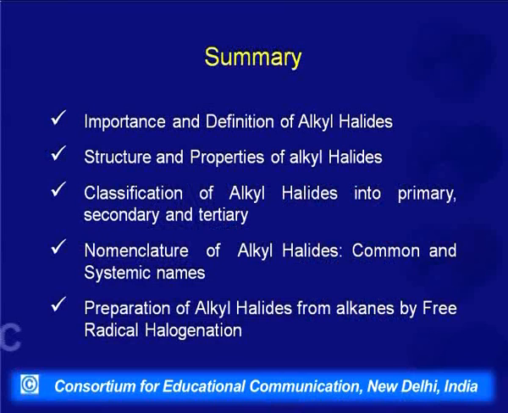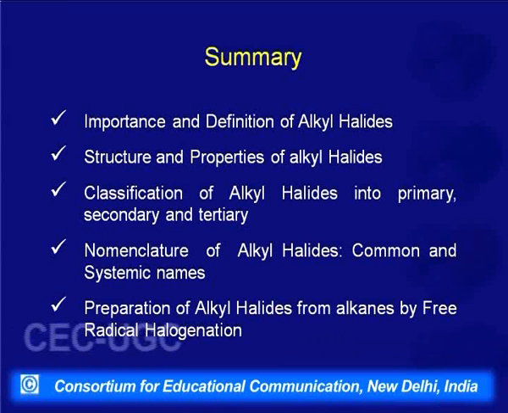With this, we come to the end of the alkyl halide preparation. If I summarize what we've dealt with in this lecture, we talked about the importance of alkyl halides and how exactly we define them. We talked about the structure of alkyl halides, how they are polar in nature, and their properties, their solubility, their boiling point, etc. And then of course how these are classified into primary, secondary and tertiary.